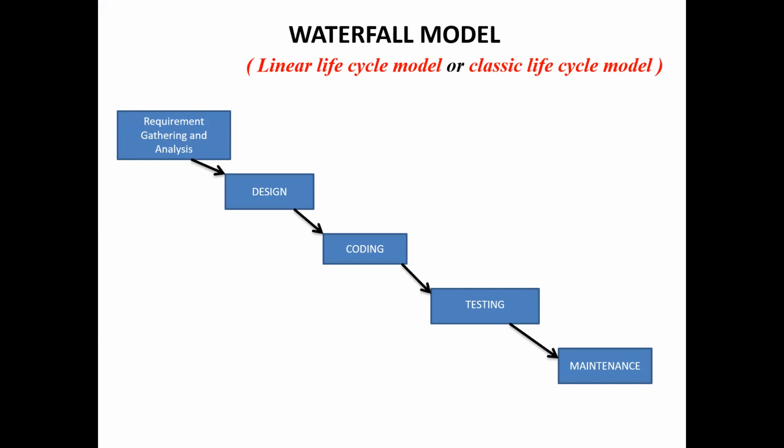In the waterfall model, there are 5 stages. First step is the requirement gathering phase. Then progress through analysis, design, coding, testing, and maintenance. In the requirement gathering and analysis phase, the basic requirement of the system must be understood by the software engineer, who is also called the analyst.